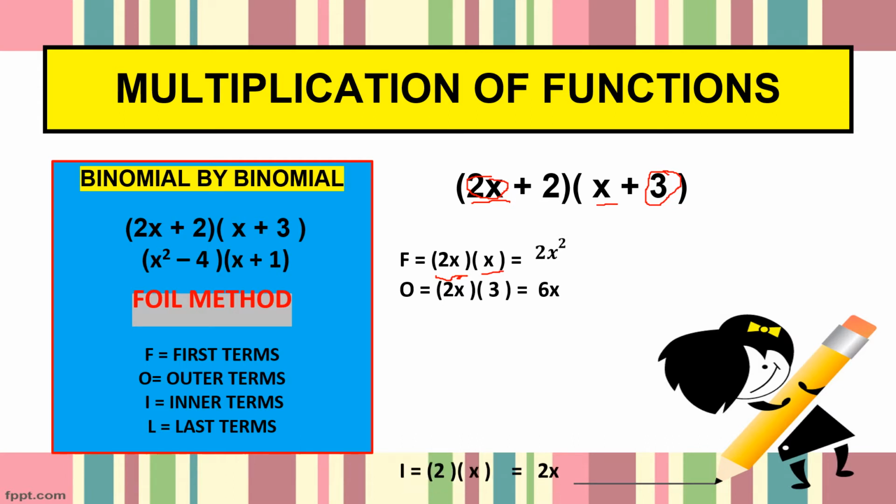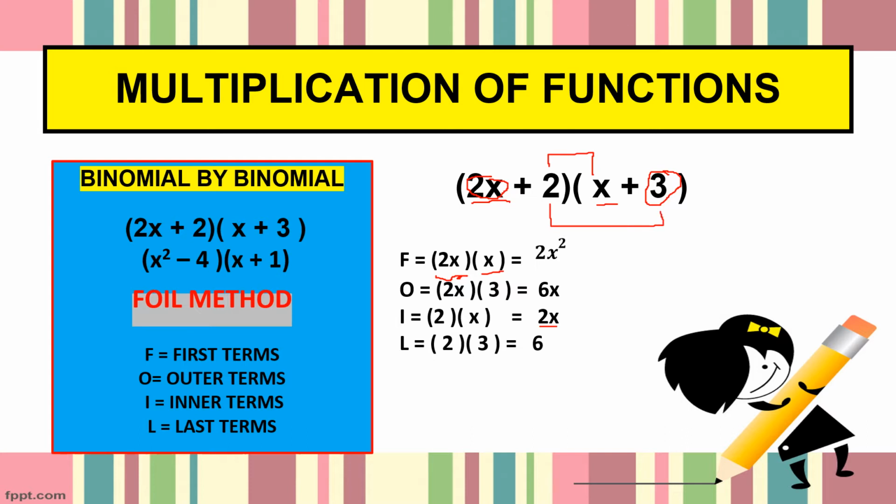Okay. And your inner terms can be located at the middle, the ones next to each other in the center. So, that is 2 and x. So, 2 times x, the answer is 2x. And of course, your last terms are the two numbers. Okay?